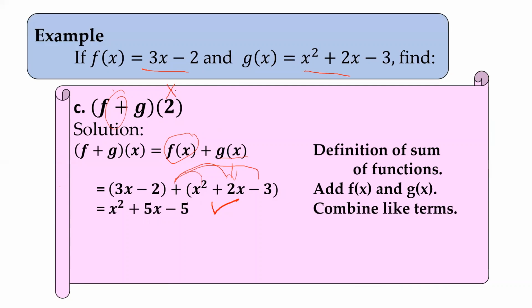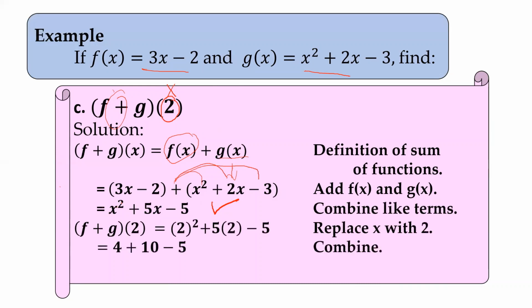X, papalitan ng 2. So, papalitan na natin ng 2. That would mean, pwede lang siyang agad na dito tayo magpapalit ng x. So, f plus g, ang x dito, pinalitan natin ng 2. Therefore, ito na yung ginamit.